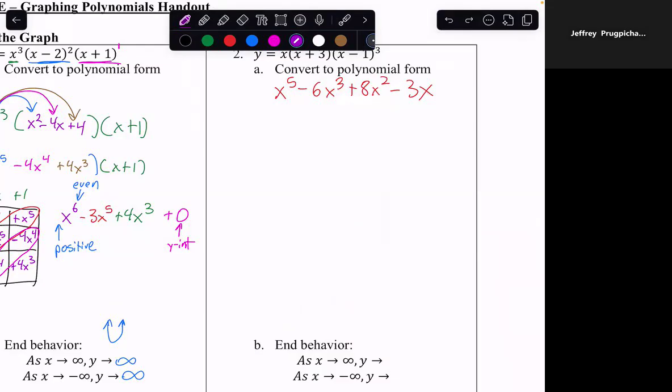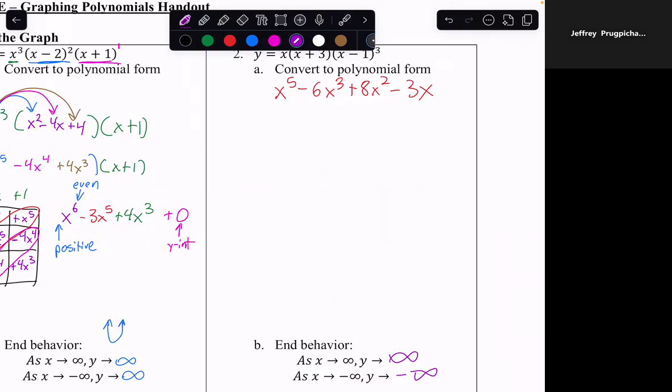Okay, so what do we do to find the end behavior? Lily, were you able to find this? Okay, you're correct. Can you explain how you came up with that? All right, thank you. Can anyone help us out?